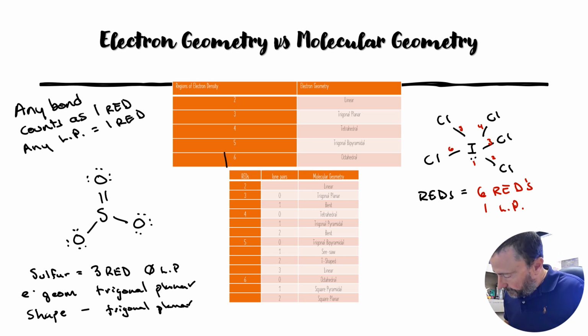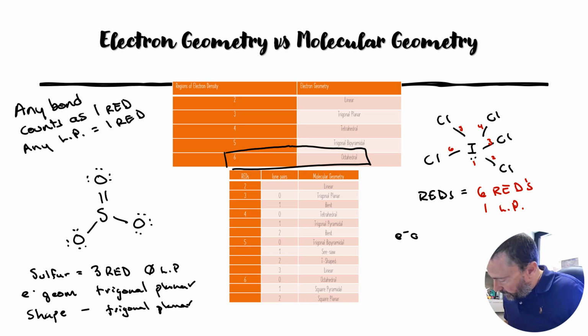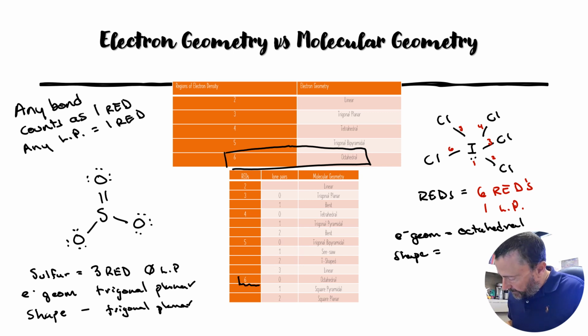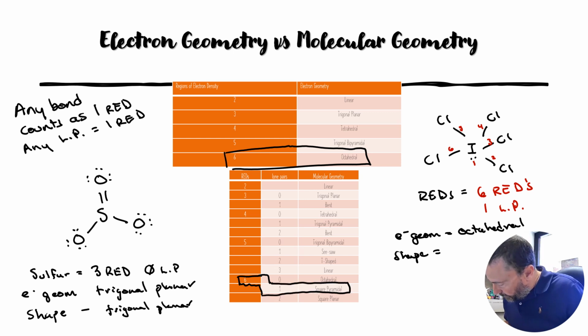So the electron geometry is octahedral. The shape, 6, but one of them is a lone pair. So we're going to call that square pyramidal.